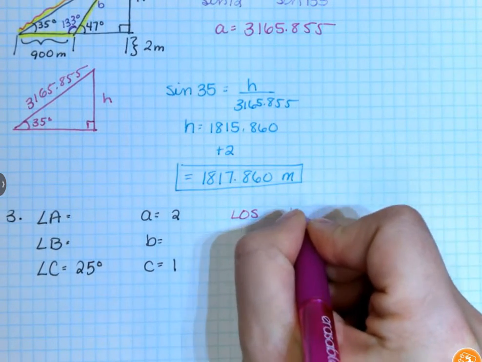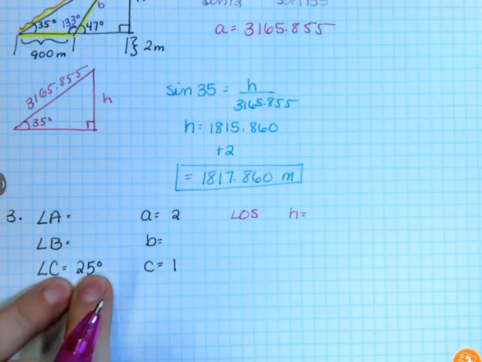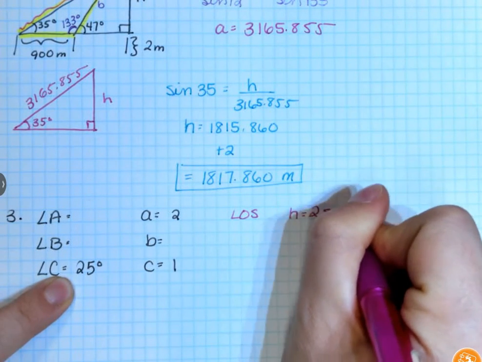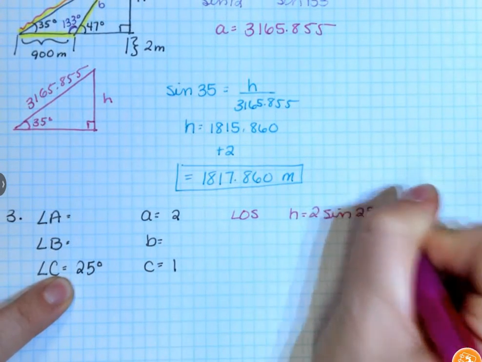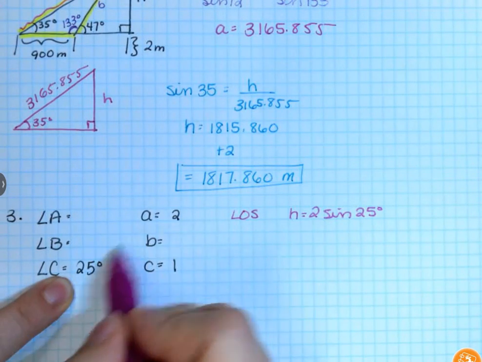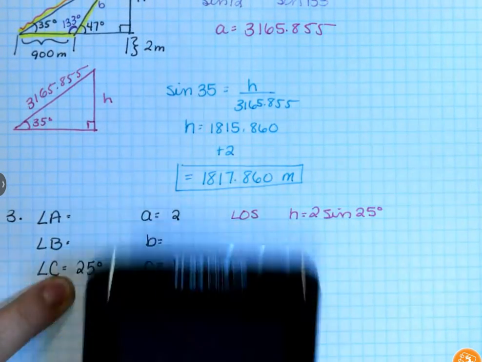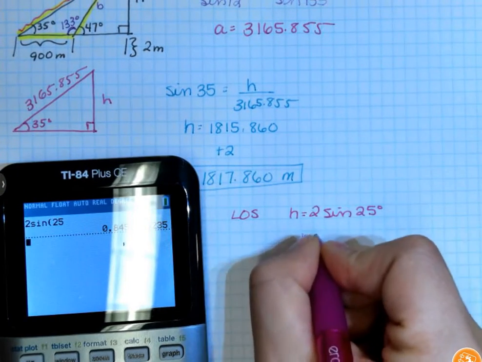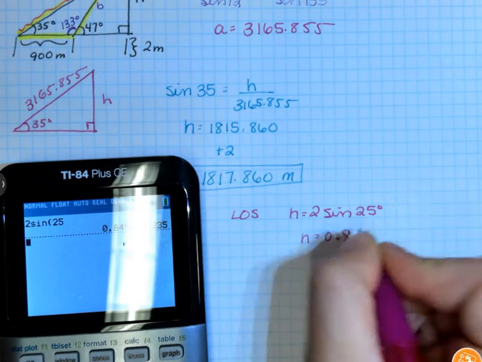So my height, angle side pair, so I'm going to take the other one. I'm going to say 2 times the sine of 25, because that's adjacent times the sine of the angle. And when I type that in, 2 sine of 25, I get a tiny little piece. Let's do 0.8.